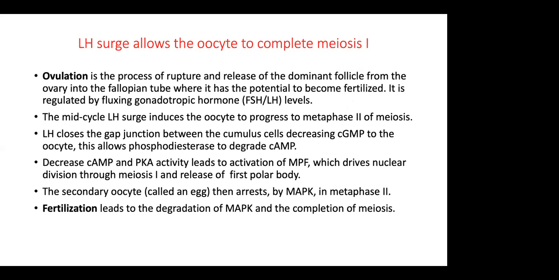I think this is by allowing the phosphodiesterase, which was inhibited by increased cGMP, and then it stops the regulation that cAMP has and allows the cyclins, and I don't remember the other one, but the cyclins to go through and complete meiosis 1 up to meiosis 2.